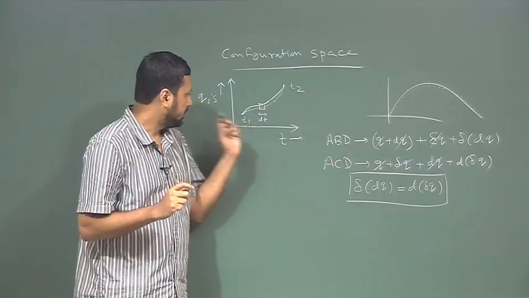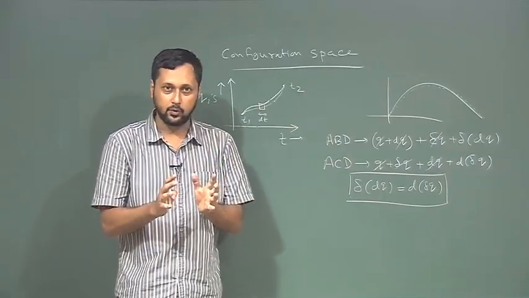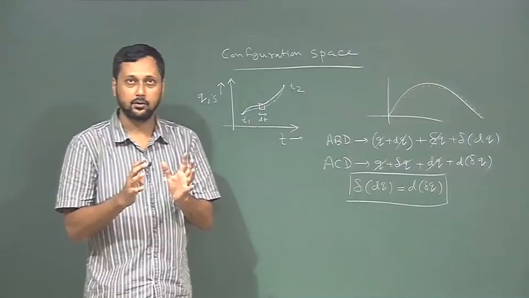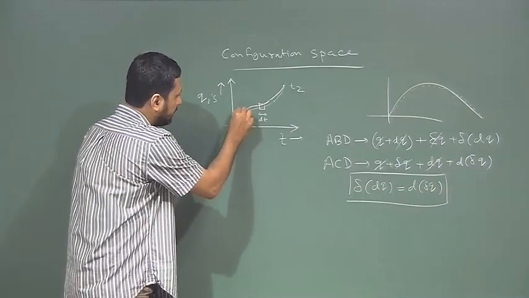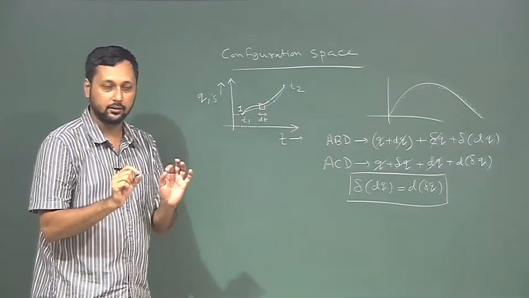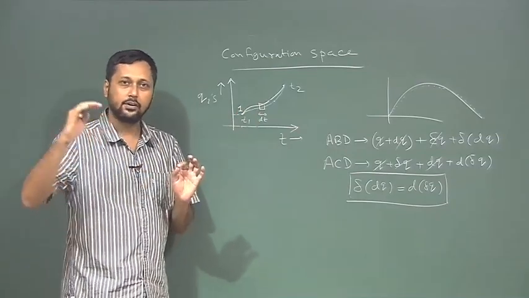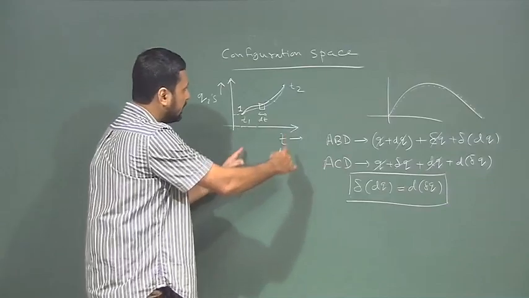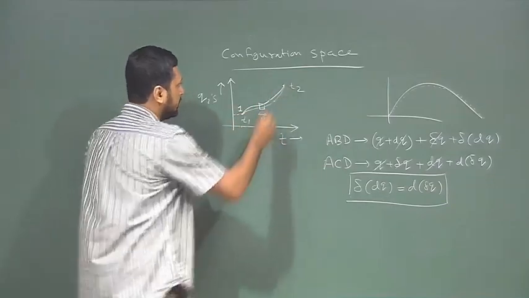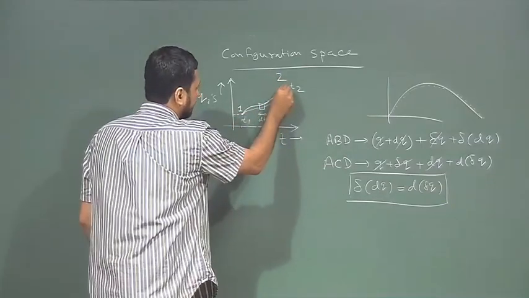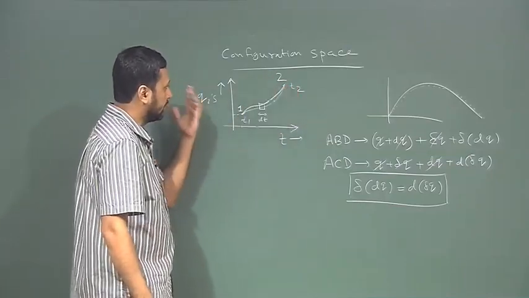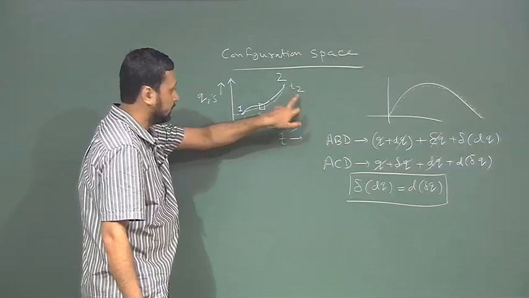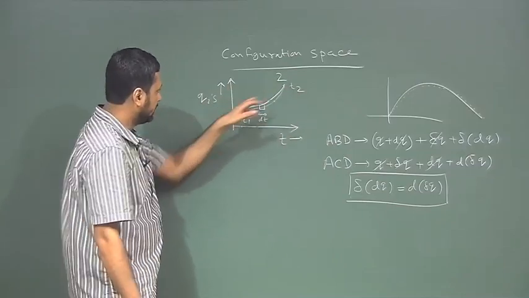We have a system at time T1 which has a particular orientation or particular set of coordinates which corresponds to a fixed point. This is my point 1 in the configuration space, and I know that after a certain time gap, at time T2, it will reach a fixed point 2, with time T2 and coordinate Q2.